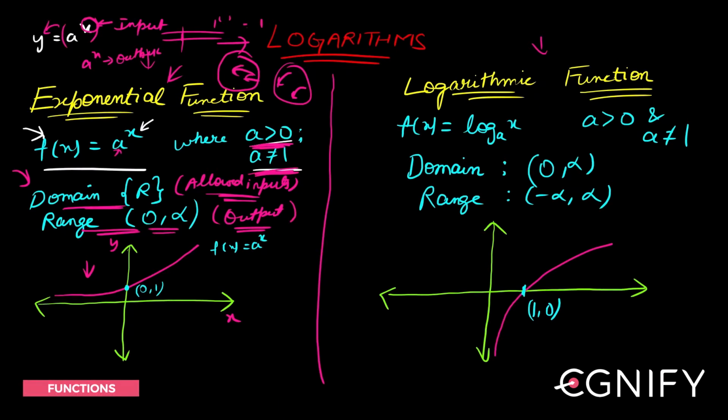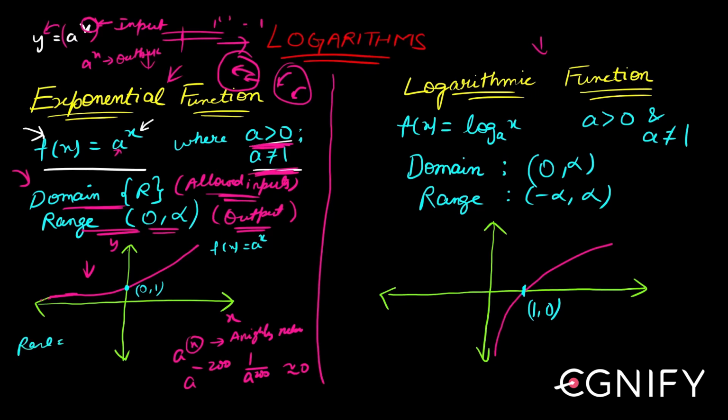So for instance, in a^x, if I make x a highly negative number, something like a^(-200), that will be 1 by a^200. That's a very small value which is almost equal to 0. That's why you have this curve which is tending to 0, but it is still not 0. So that's the reason why I didn't include 0 in the range.